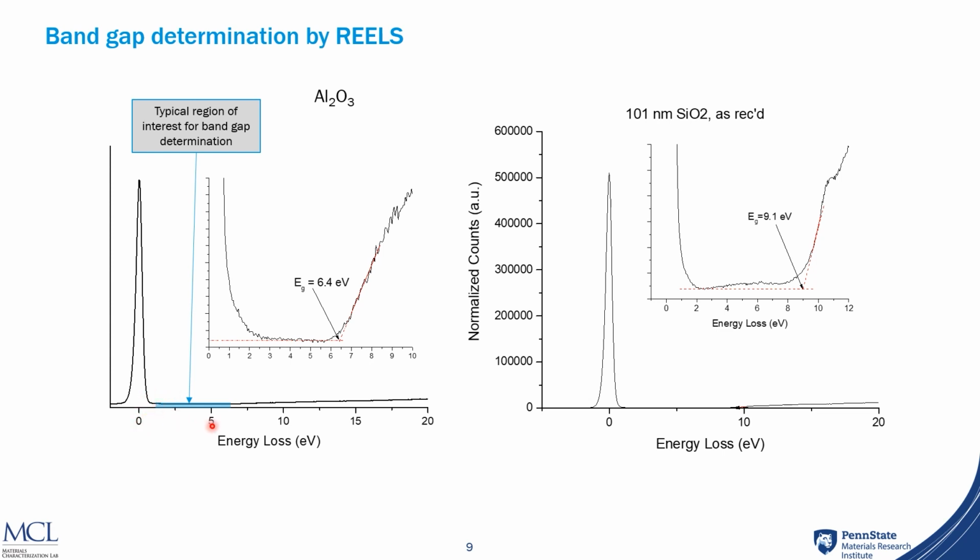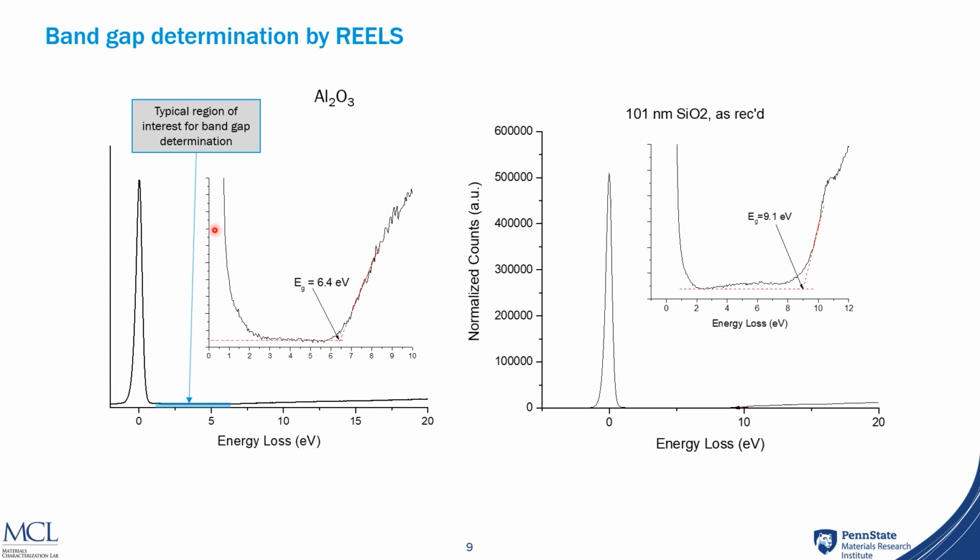And we've shifted these now to measure energy loss to 0. The area that we're interested in for band gap determination is this weak little signal right in between our 0 loss peak and the onset of our inelastically scattered electrons. And what we see is that there is a gap. There is a region where there is no signal, and this is the definition of the band gap.